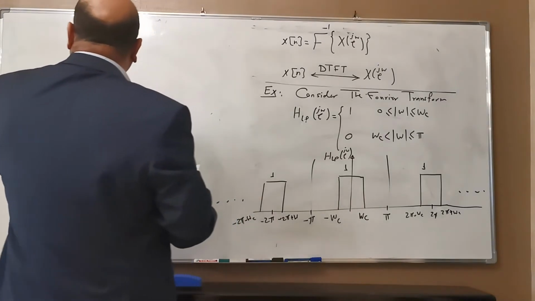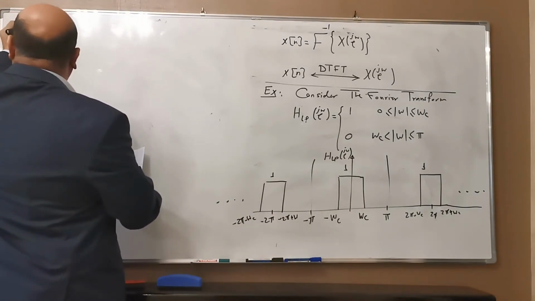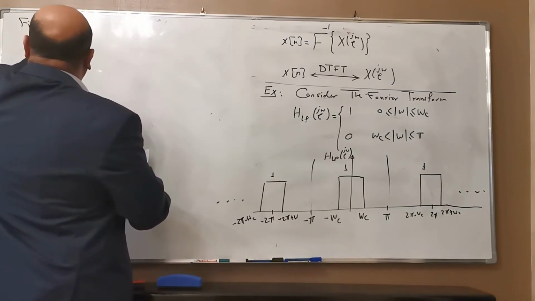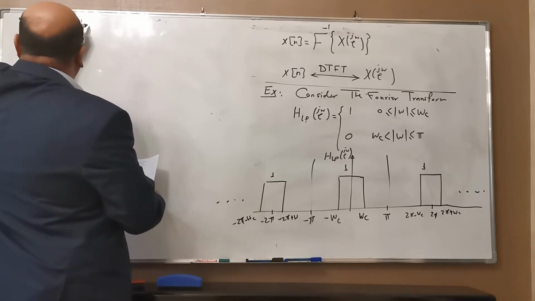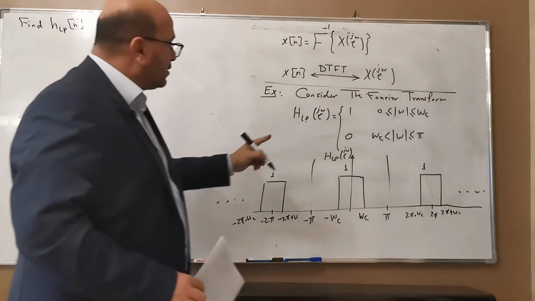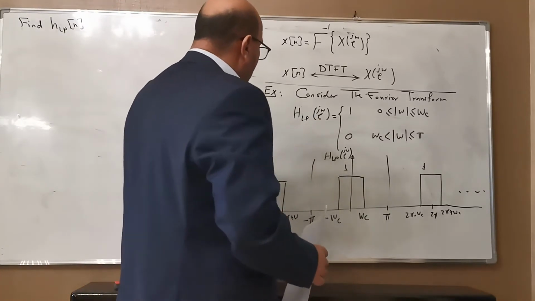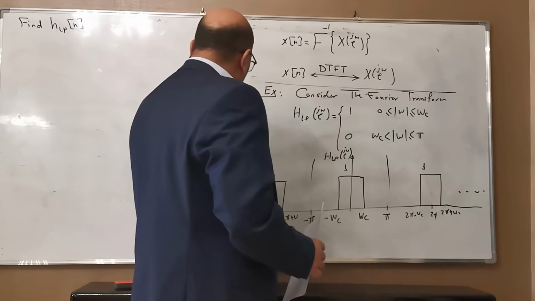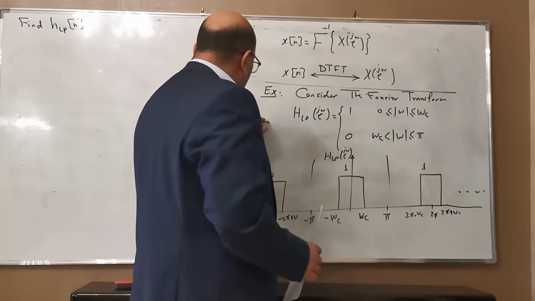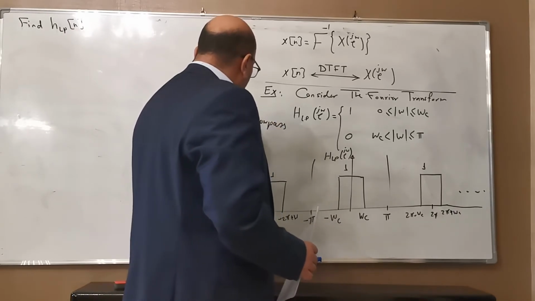So what we need to find here is H low pass of n. This is our problem, and this is LP. LP means low pass filter.